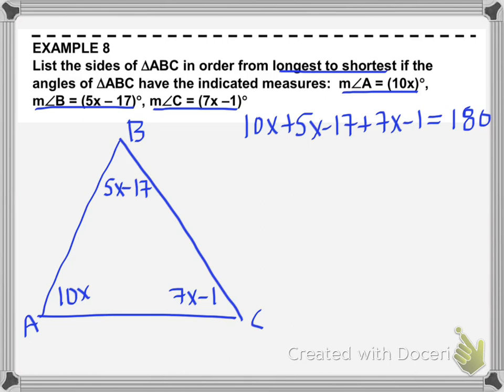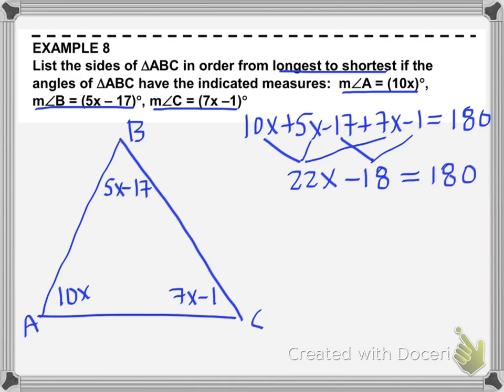The first thing we want to do is combine some like terms. 10x plus 5x plus 7x, those will add up to 22x. Then we can add the negative 17 with the negative 1. That gives us negative 18, and that equals 180. To solve, we'll move that constant to the right side to be with the other constant by adding 18 to both sides.